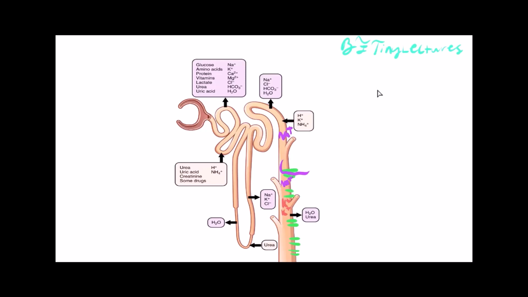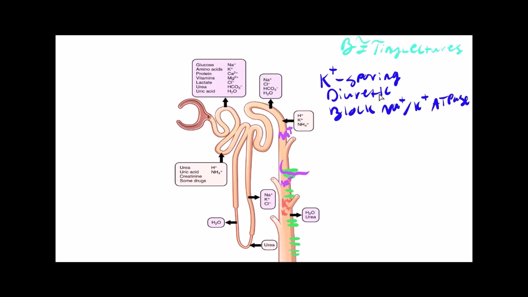The type of diuretic that we're going to use is called a potassium-sparing diuretic. What this does is block the sodium-potassium ATPase. Normally sodium wants to exit, but we block these sodium-potassium ATPase channels.